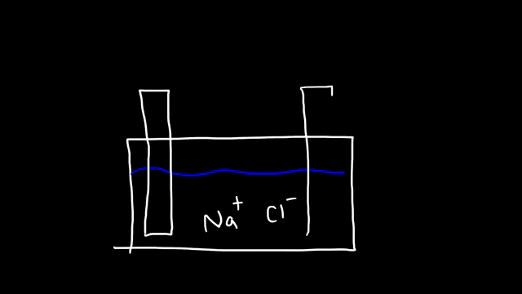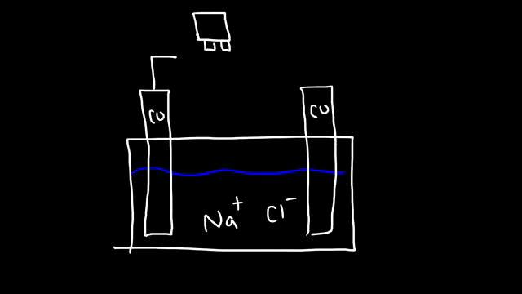It could be 2 zinc electrodes, it really doesn't matter, but let's use 2 copper electrodes. And if you connect it to a 9-volt battery, which is also in series with a light bulb, you'll see that the light bulb is going to light up.